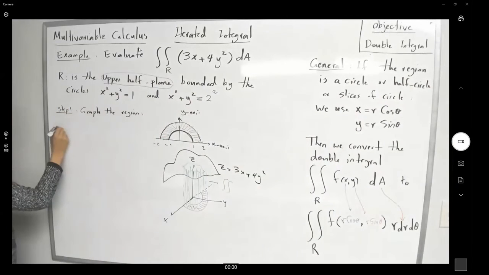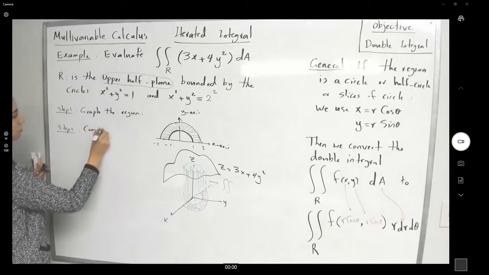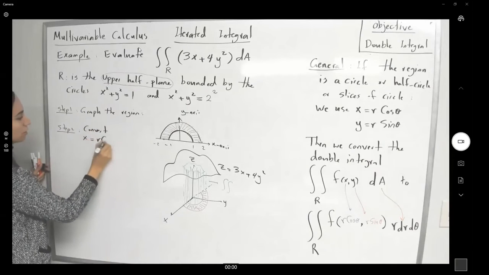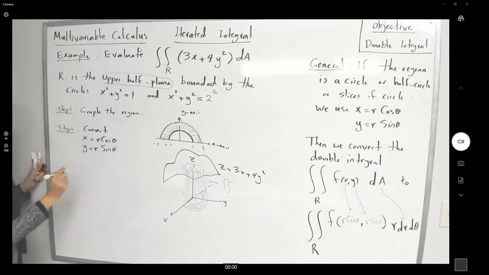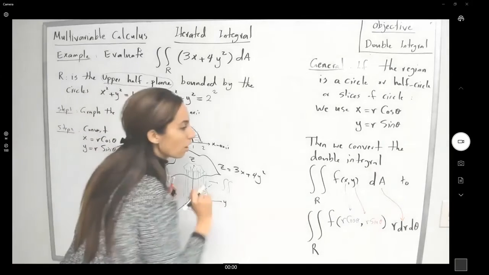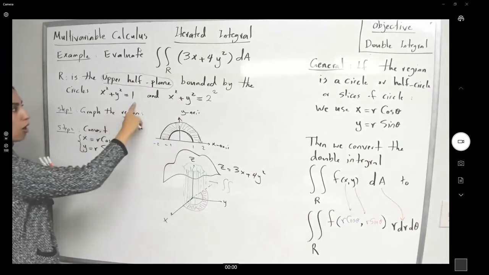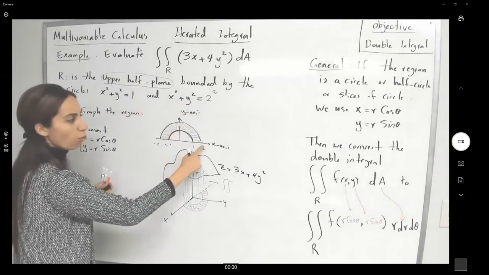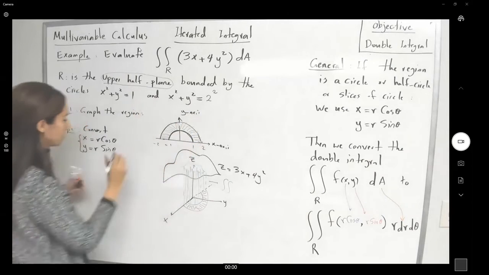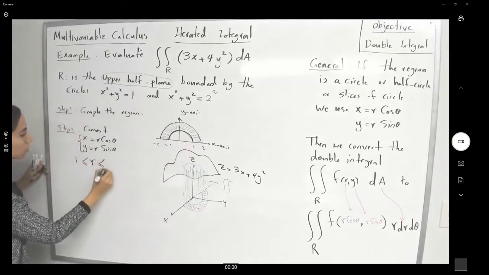Very well. Step 2. Convert: x is r cosine theta, y is r sine theta, and dA is r dr d theta. Okay, let's see. R as the radius ranges between 1 to 2. R is in between 1 to 2.